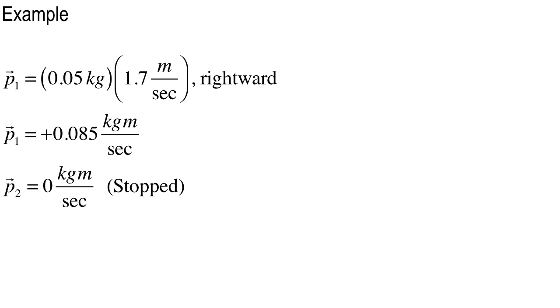Down here, P2, I already wrote it down. It's equal to 0. That's the easy one. But P1 is pretty easy too. Mass times velocity. Vector P1 is the mass of the coin, 0.05 kilograms, times its velocity, 1.7 meters per second, rightward. In the second line, I've multiplied the two numbers and put a plus sign out in front to signify rightward.